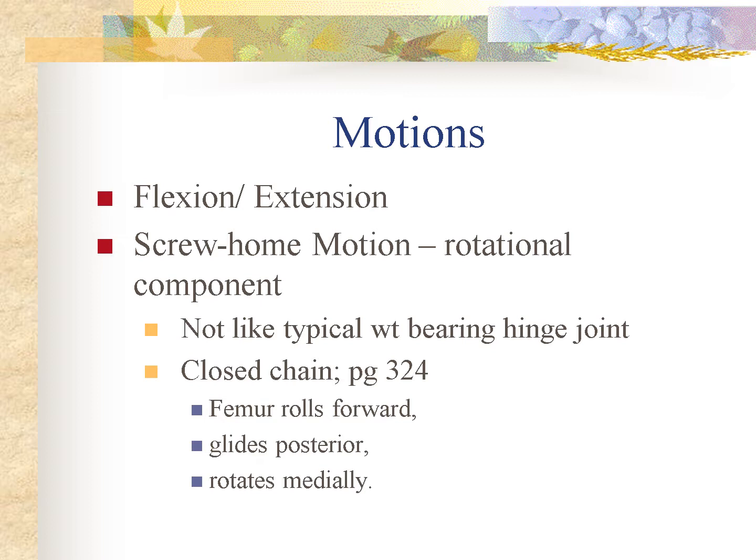So again, these rolling, gliding, and spinning, if you will, or rotating motions all occur within the knee. Now, when we do an open chain activity, same types of thing happen where the femur rolls forward and glides posteriorly, but instead of rotating medially, it rotates laterally.